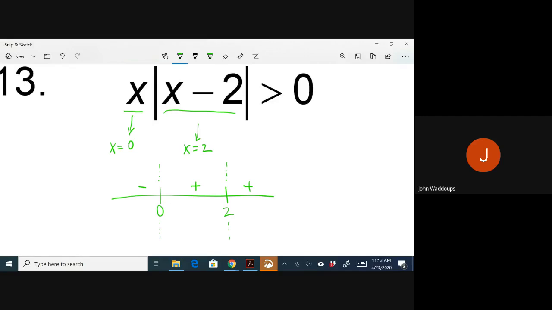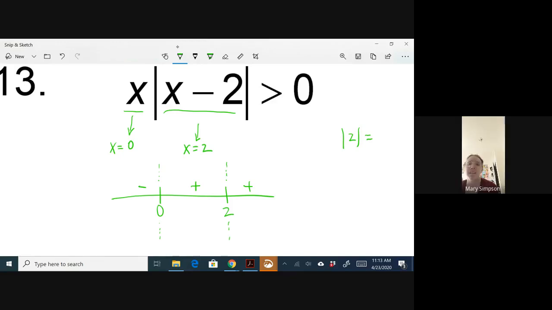Now, because this is absolute value, I don't know if you remember what happens with absolute value. Let's see if I can jog your memory here. What's the absolute value of 2? Would that be 4? No, it would be 2. What's the absolute value of 0? 0.